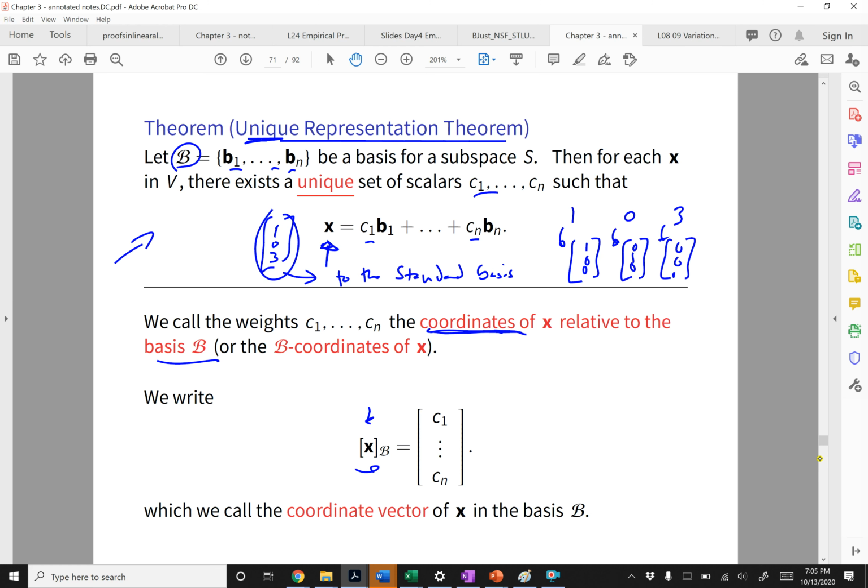We usually put the name of the vector, and then the basis we're referring to, and then these are the coordinates. I do not like the way that Adobe makes my handwriting even worse. So it's the coordinate vector of x in the basis B. We'll talk more about this.